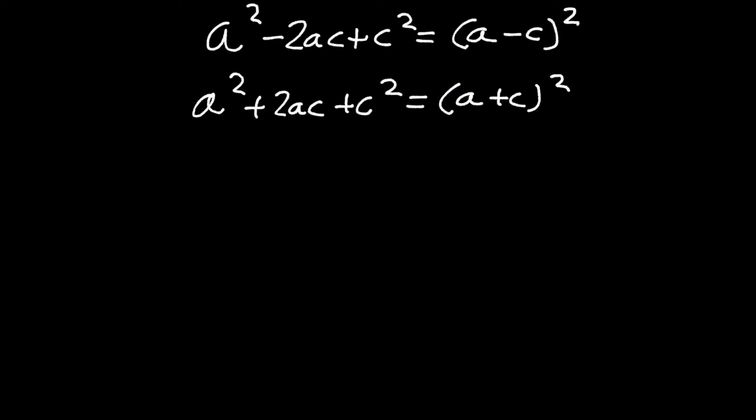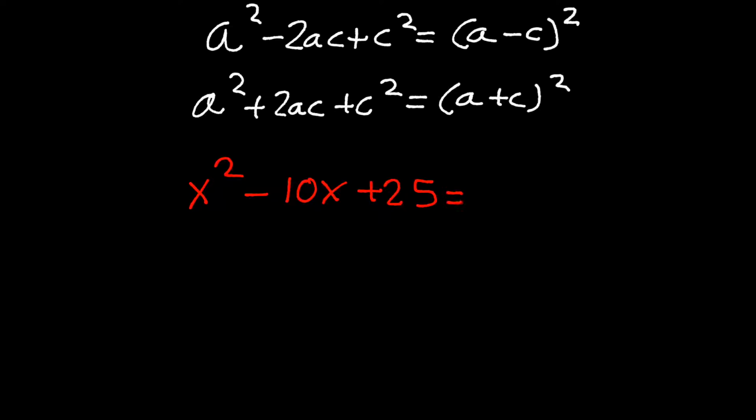So let's say I have x squared minus 10x plus 25. This is a candidate to use the perfect square trinomial method because the front term and the back term are perfect squares.